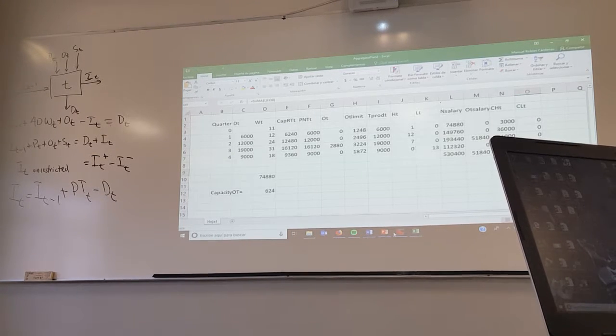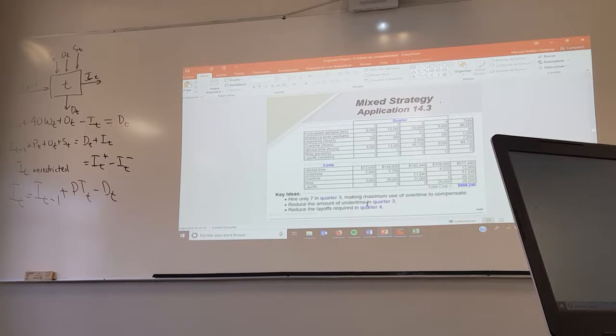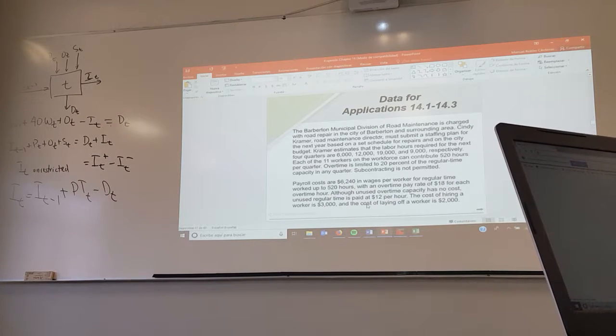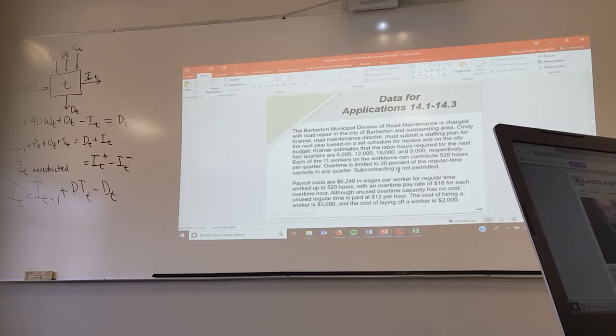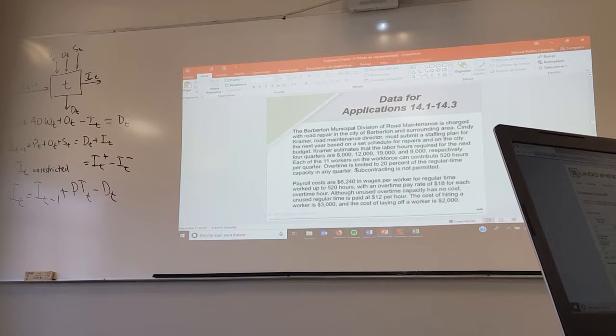Okay, so here is the problem. We have demands, we don't have inventory, we have an initial condition, 11 workers. We have the rate of production, 520 hours in normal time, regular time. And we have the limit for the overtime. And subcontracting, the S over there is 0. And we have the costs.